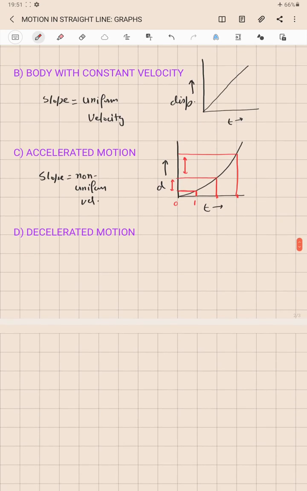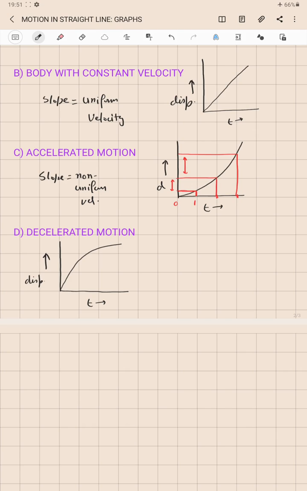If it is a decelerated motion, the graph will be looking like this, same as that of the distance time graph for the decelerated motion. It is a parabola in the downward direction.